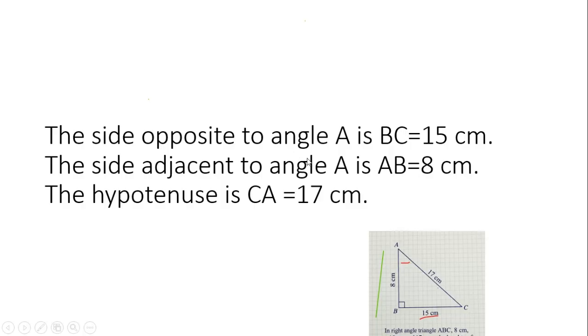Because we need to find sin A, cos A, and tan A, we are taking adjacent and opposite sides with respect to angle A. And we know the hypotenuse CA is 17 centimeters.